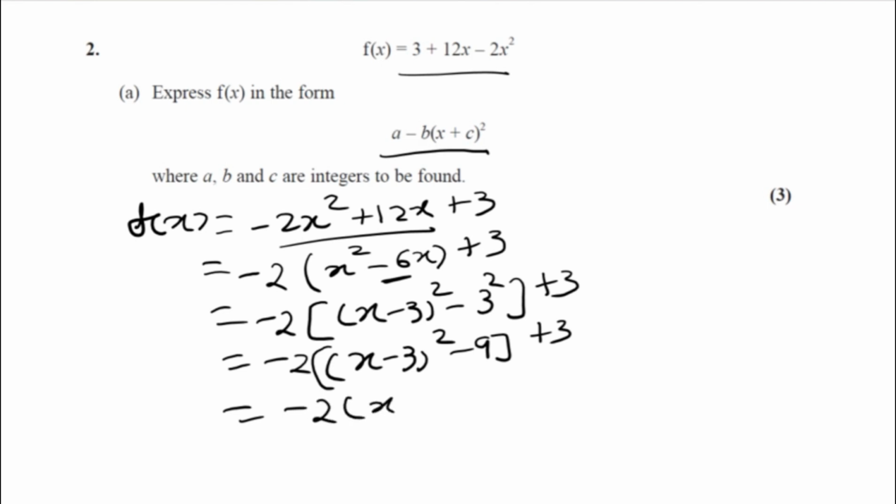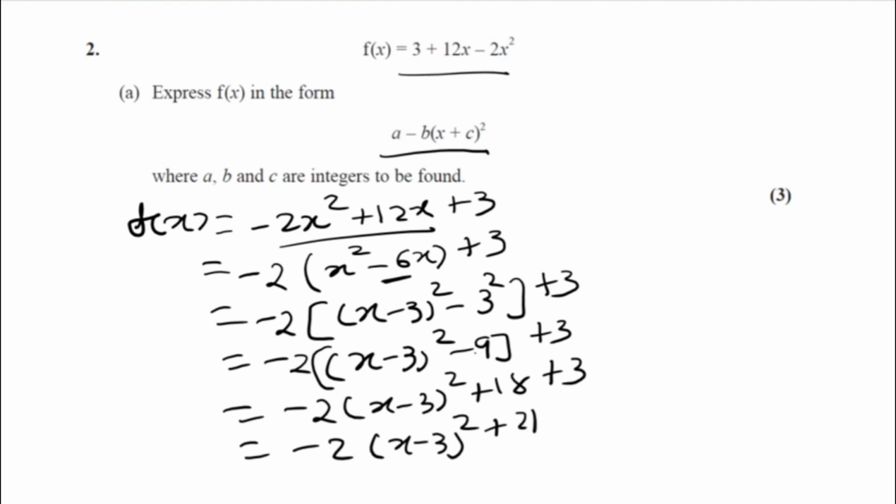So minus 2 (x minus 3) squared plus 18 plus 3. So minus 2 (x minus 3) squared, and 18 plus 3 will give me 21. Now to arrange in this form, I just have to swap the terms. So that will give me 21 minus 2 into (x minus 3) squared.